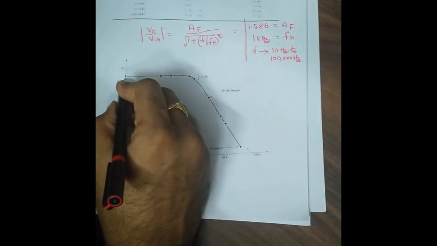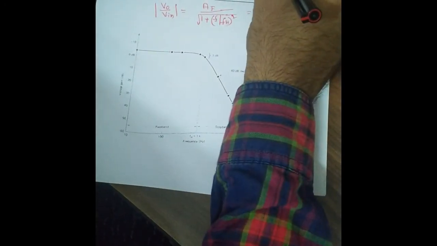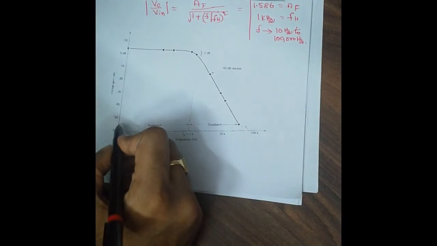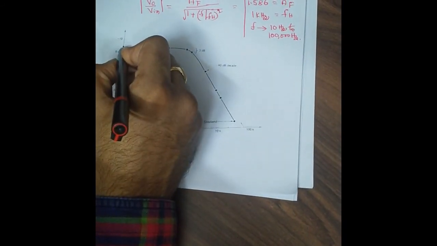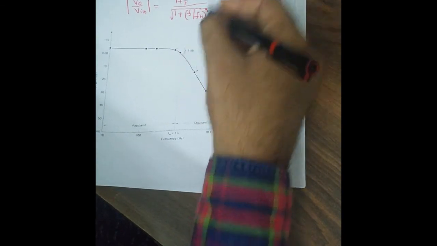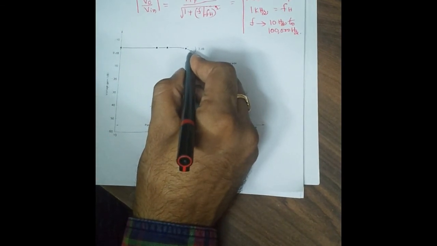If you observe this graph, the maximum value is 4.01 dB at 10 Hz. The maximum value is 4.01 and it decreases by 3 dB, and at exactly 1 kHz it became 1 dB.